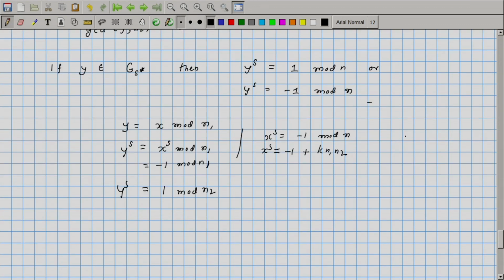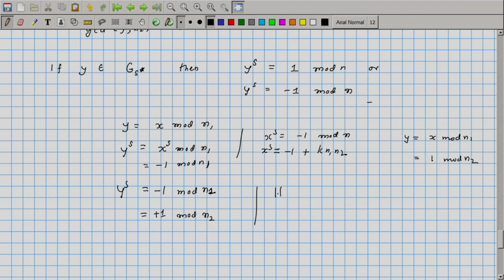So, the defining equation for y was y is equal to x mod n1 and this is equal to 1 mod n2. Therefore, y raised to s is equal to minus 1 mod n1 and it is equal to plus 1 mod n2.